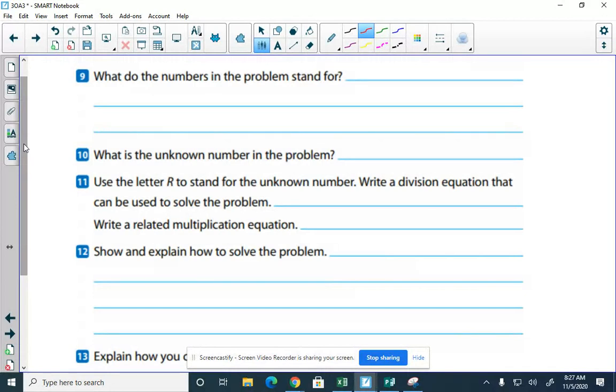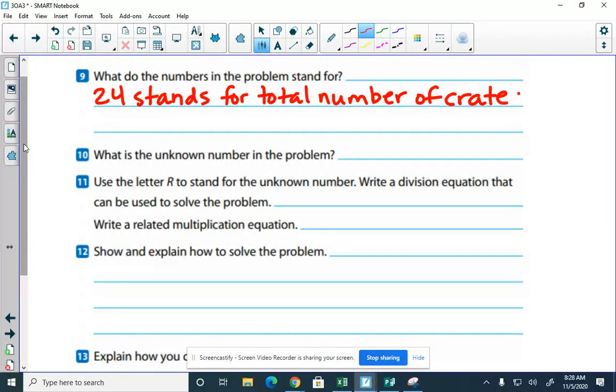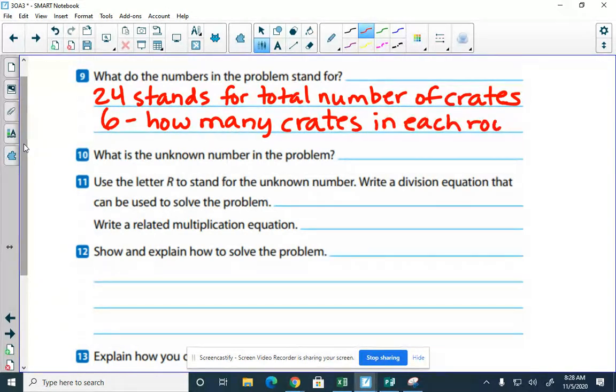What do the numbers in the problem stand for? It's just what we said on the previous slide. 42 stands for the total, the total number of crates. 6 is how many crates will go in each row. And then what is the unknown number in the problem?